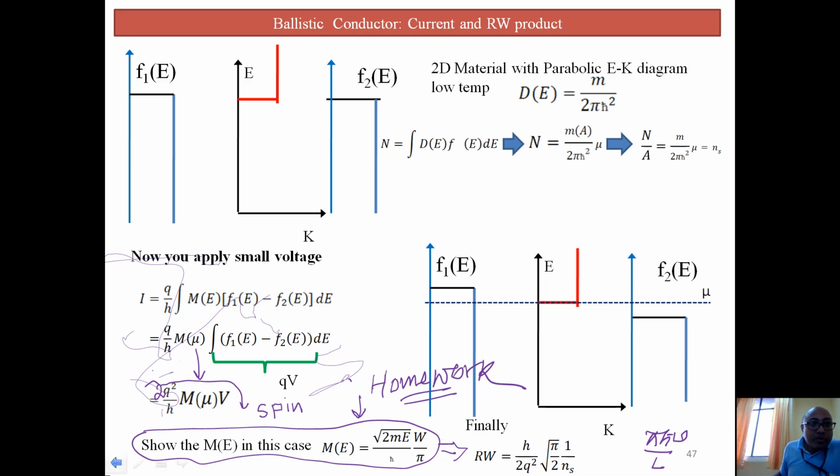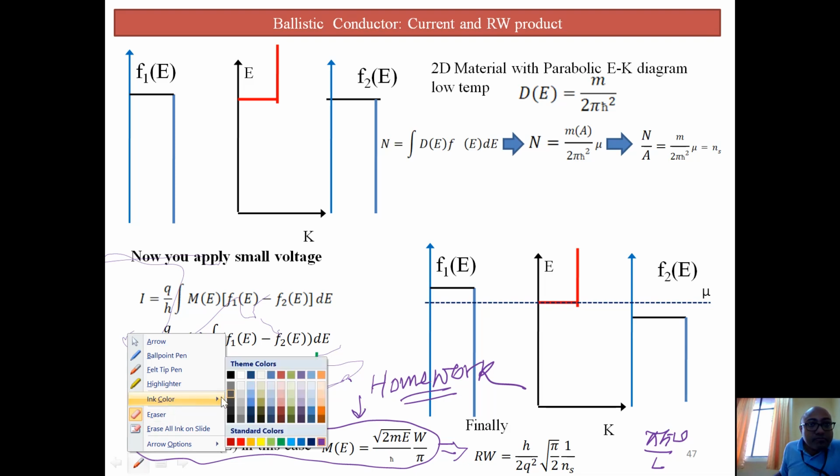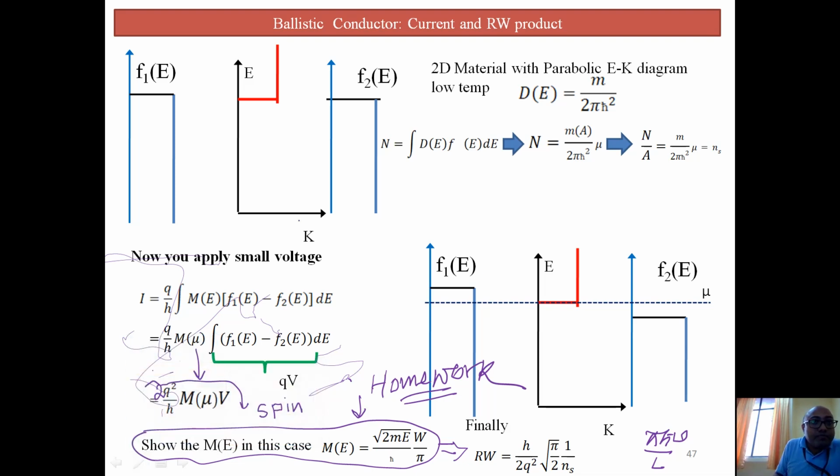Remember here you are getting I, so you are getting V. I by V is equal to conductance, and V by I is the resistance.